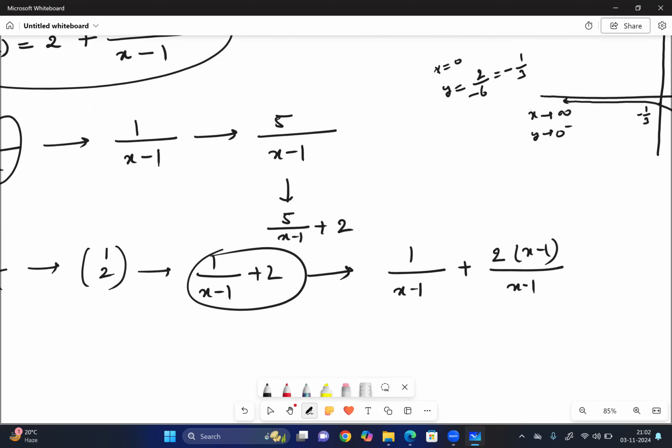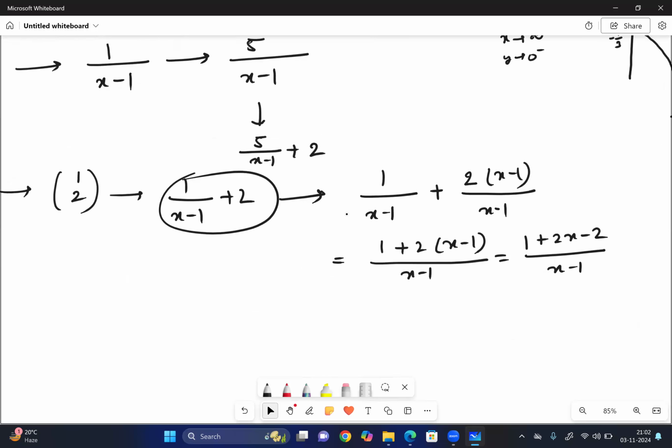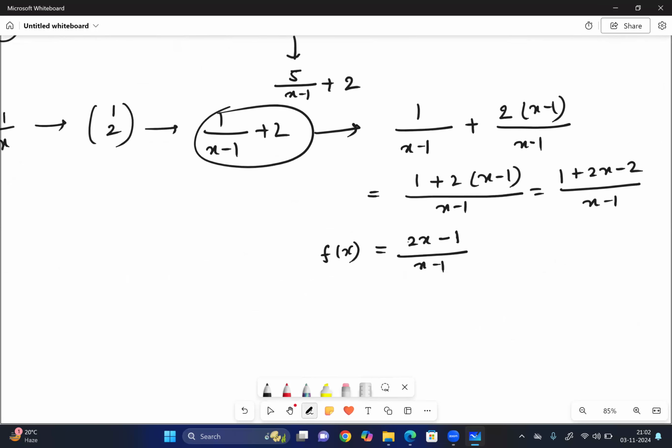So 1 plus 2x minus 1 upon x minus 1 gives you 1 plus 2x minus 2 upon x minus 1, and this is 2x minus 1 upon x minus 1. So 1 upon x minus 1 plus 2 can be written as 2x minus 1 upon x minus 1.